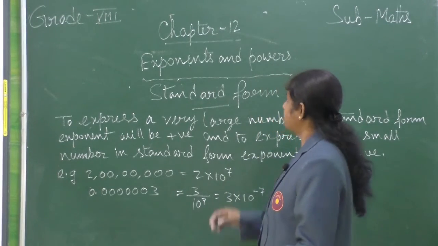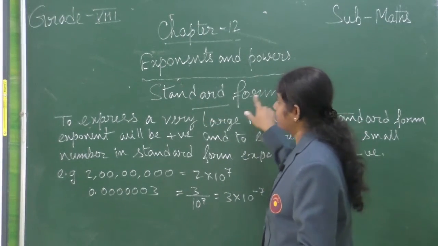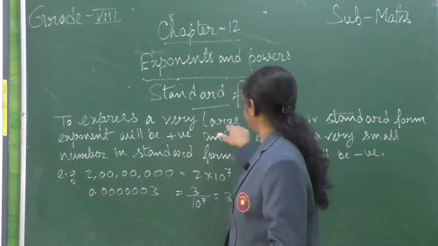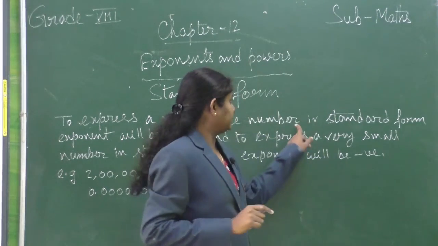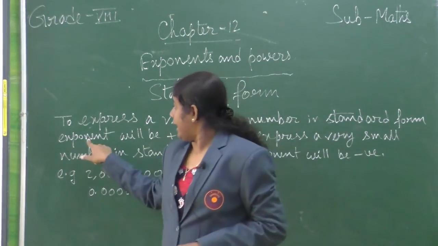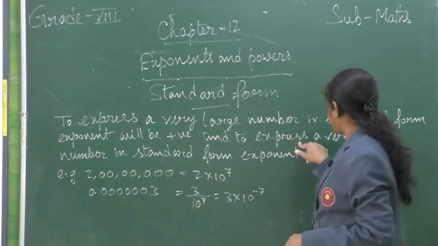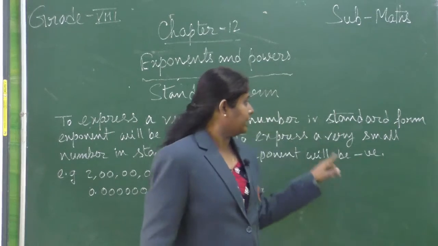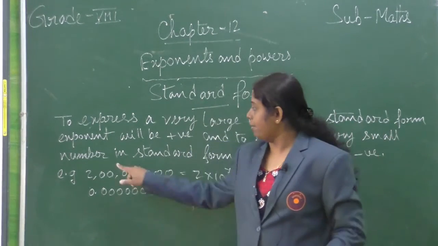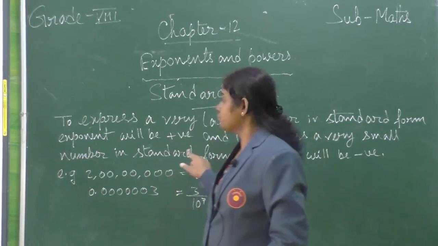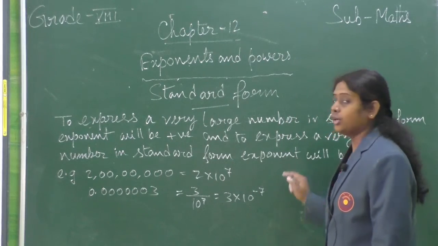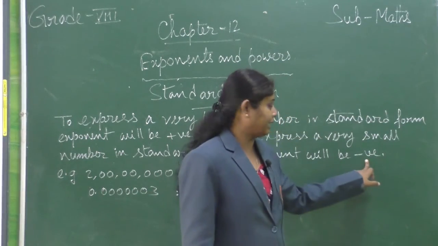Our last topic of this chapter is standard form. To express a very large number in standard form, the exponent will be positive, and to express a very small number in standard form, the exponent will be negative.